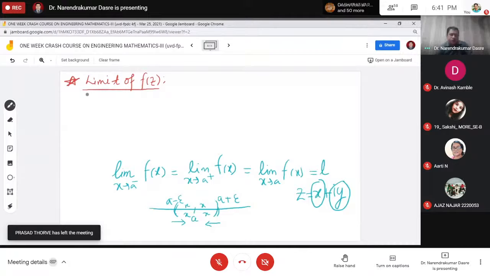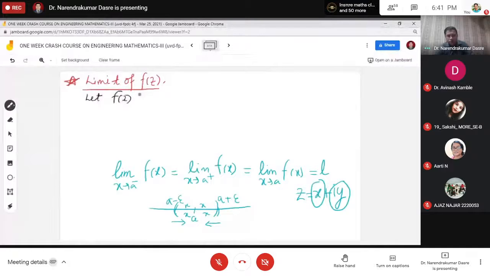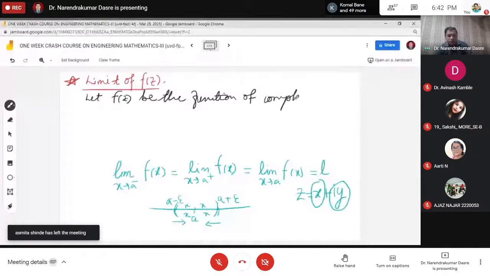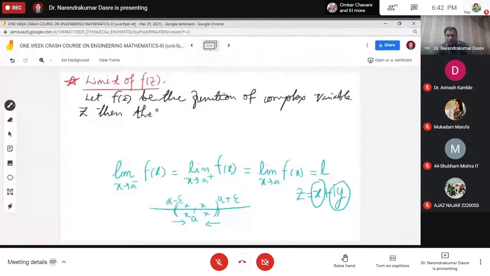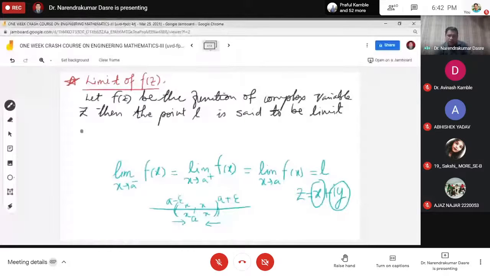Let f of z be a function of the complex variable z, and the constant L is said to be the limit of f of z as z tends to z0, another complex number.